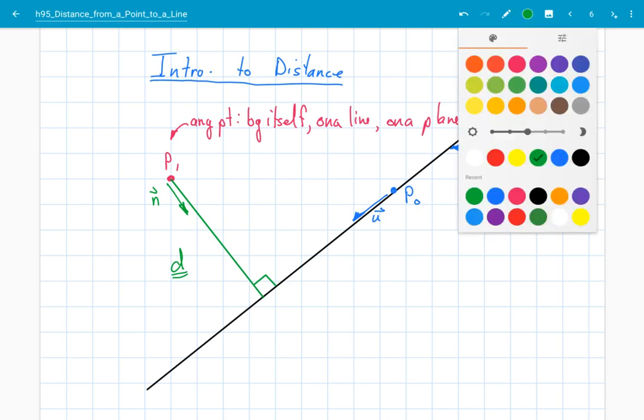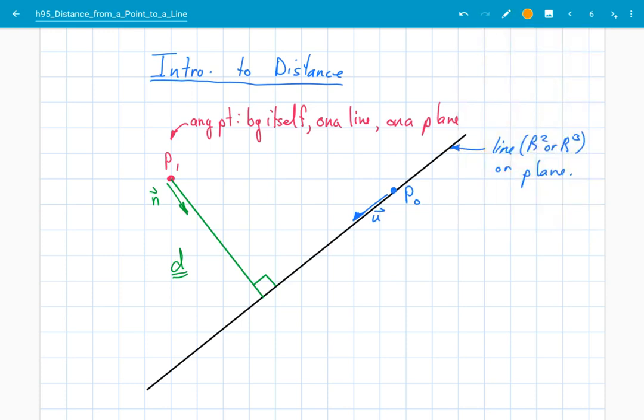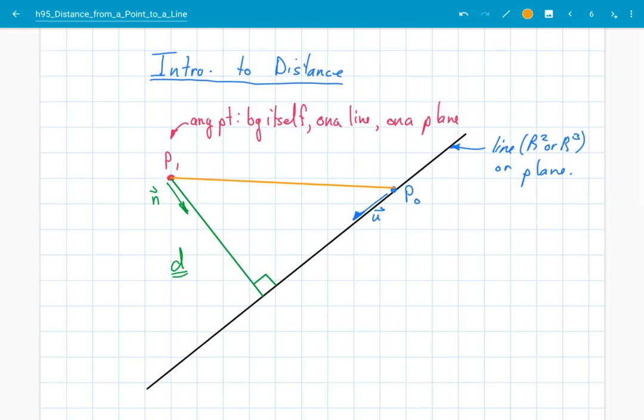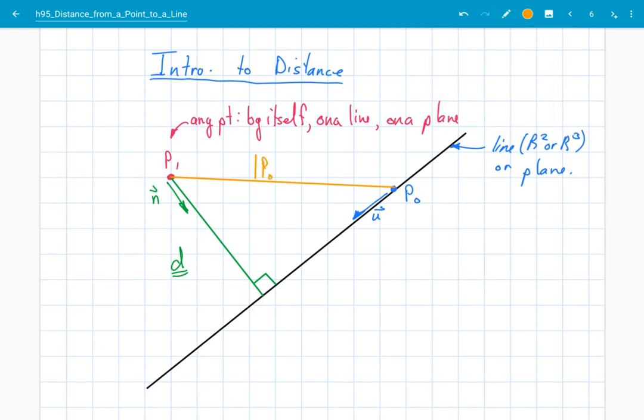And I'm going to add one more thing in here. I use the line tool and I just made it into a right triangle. Okay. And if we know what P naught and P1 are, if we have the coordinates, the position for P naught and P1, then we can get the distance of the vector from P naught to P1 as well. And let me see. I guess that's not bad to start with.